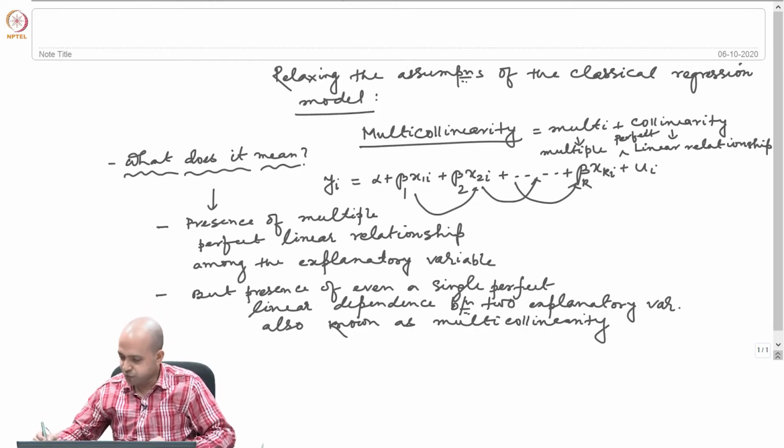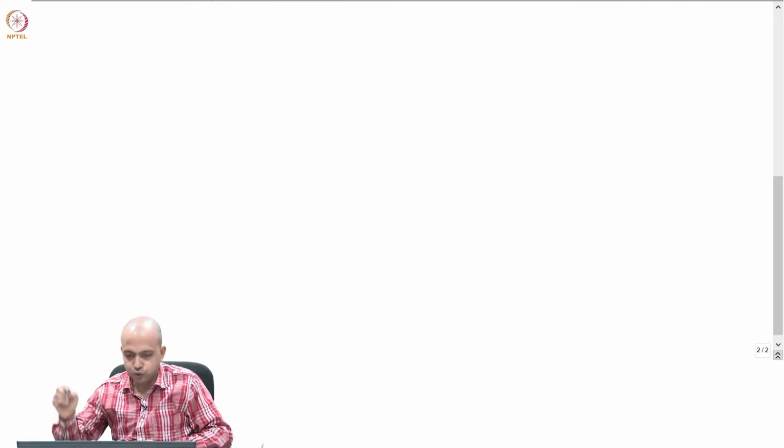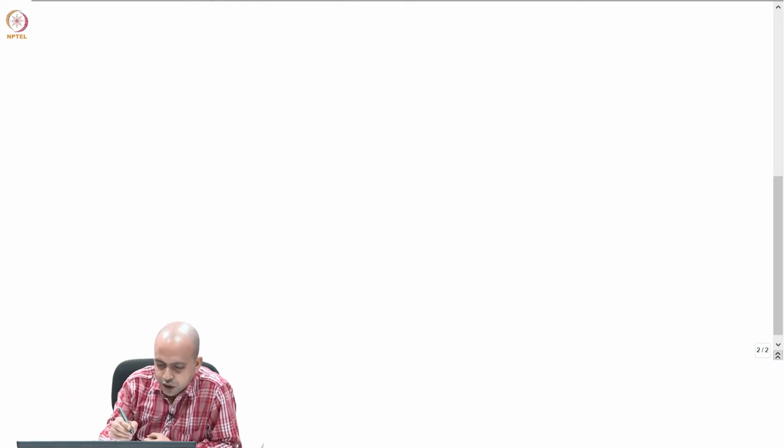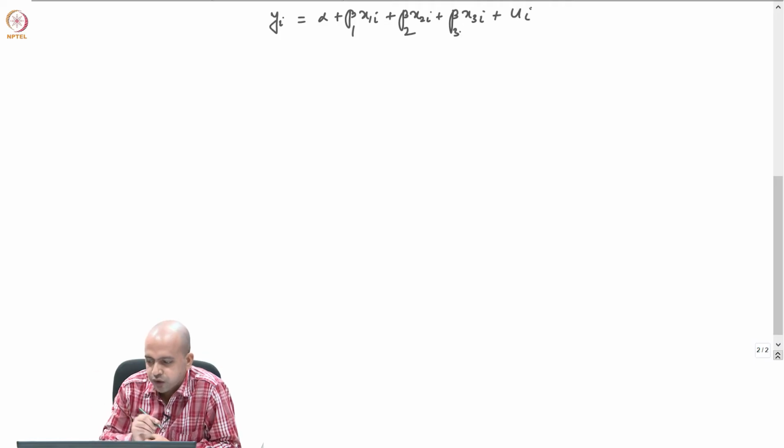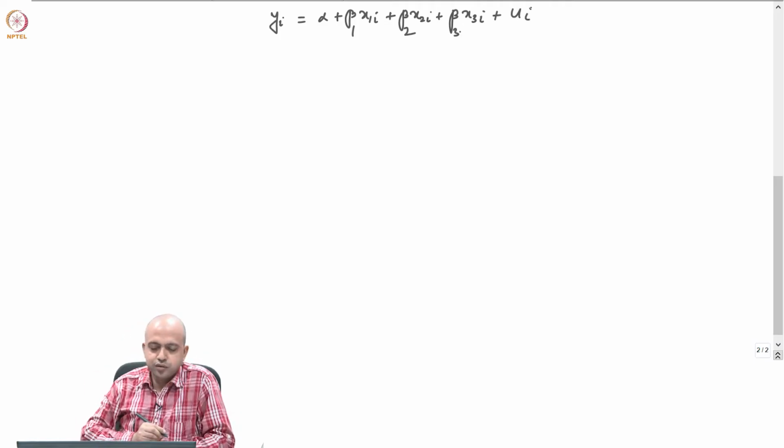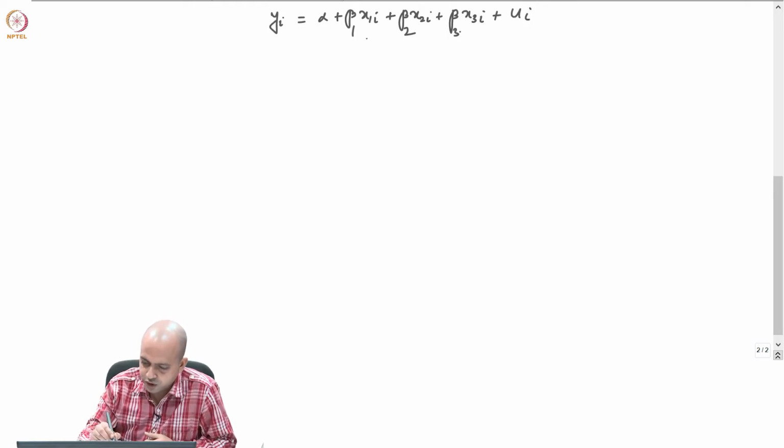Okay. Now, I will explain how to write the multicollinearity relationship. Let us say this is our model: y_i equals alpha plus beta_1 x_1i plus beta_2 x_2i plus beta_3 x_3i plus u_i, and we assume that there is a perfect linear relationship between x1 and x2.